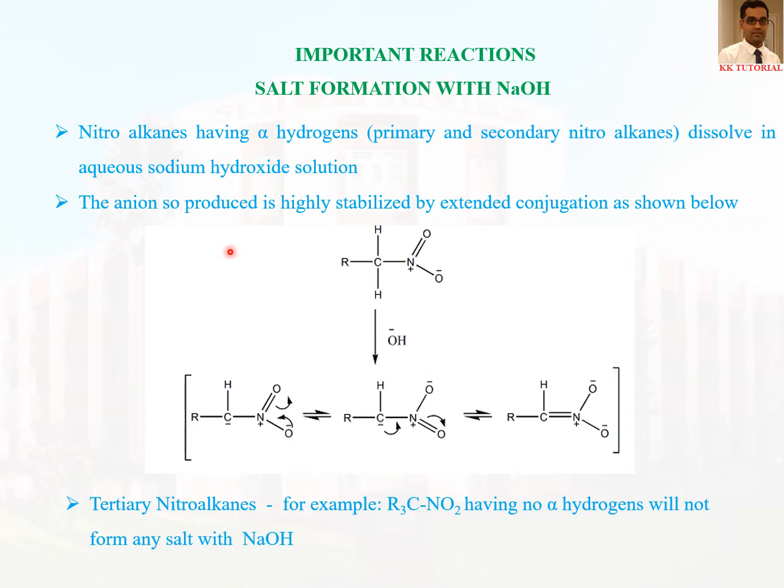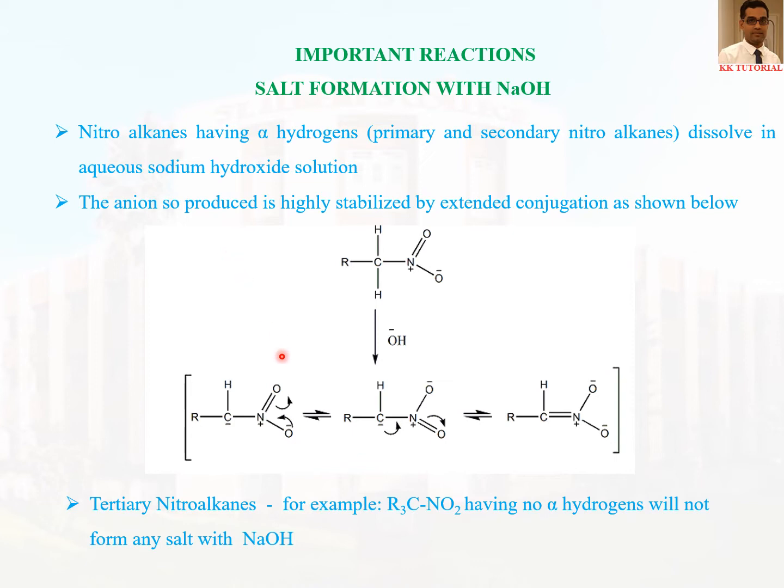What is the property of an acidic compound? Generally, an acid can easily donate its H plus ions. That is the important property of an acid. So, an acid can release H plus easily.